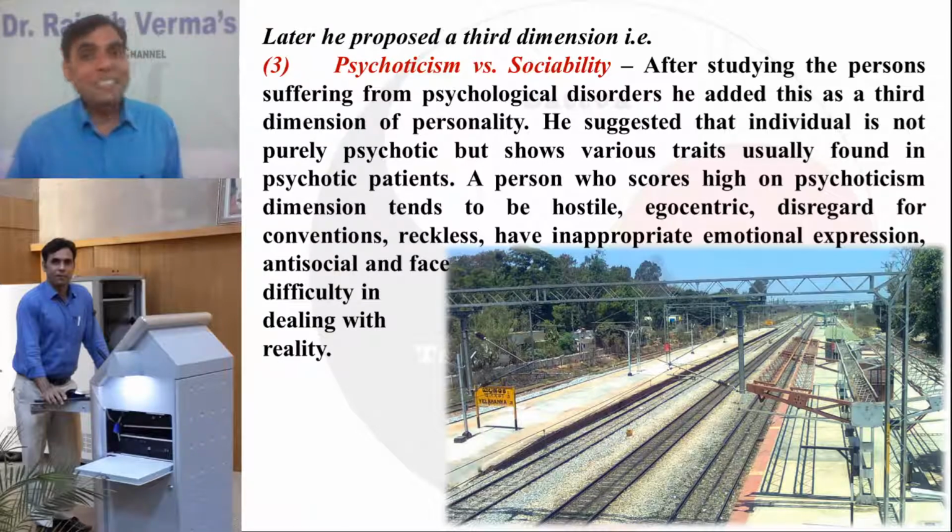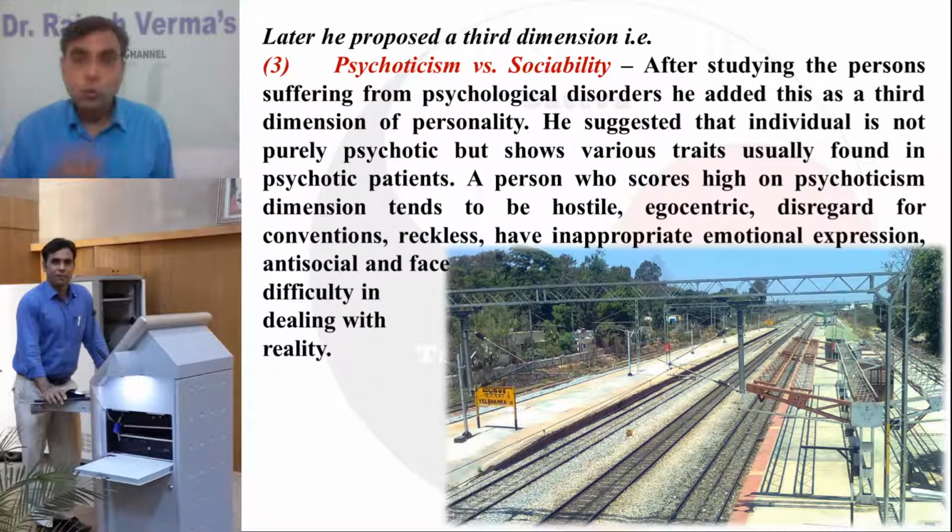By virtue of his study, he added this third dimension of personality, which we call psychoticism versus sociability. He suggested that an individual is not purely psychotic, but shows various traits usually found in psychotic patients. We all display traits or characteristics which are found in psychotic patients. But we are not psychotic in that sense. We are not purely, absolutely psychotic.